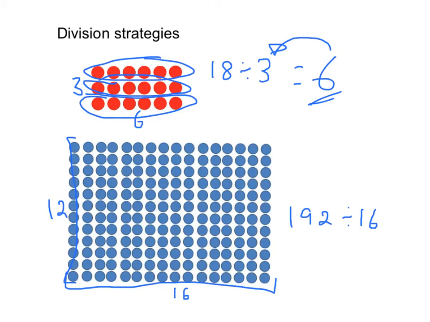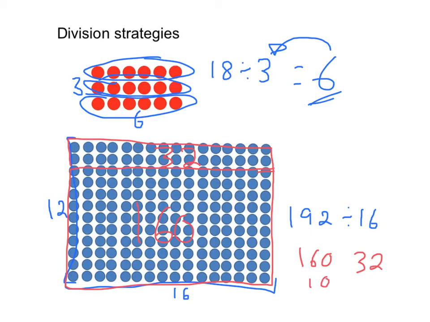I could work that out by going, well, there are 10 16s, so that's 160 in that bit, and here that's 2 16s, so that's 32. So I've split the 192 up into 160, 10 16s, and 32, 2 16s, to give me 192, which is 10 16s and 2 16s, 12 in total. And of course, 16 multiplied by 12 is 192.